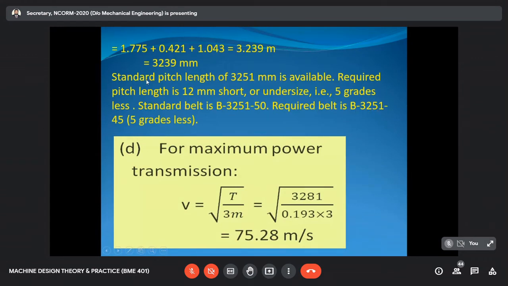Again, with the help of the section B, that grade you can select the belt.